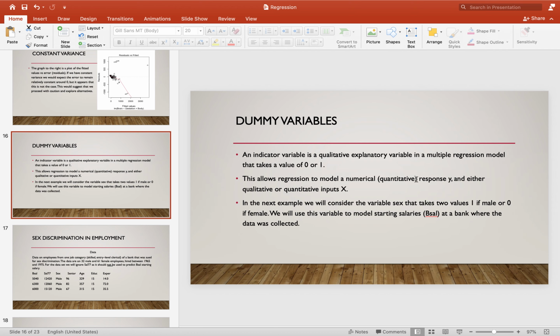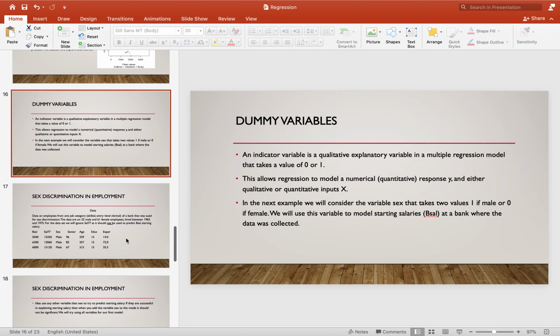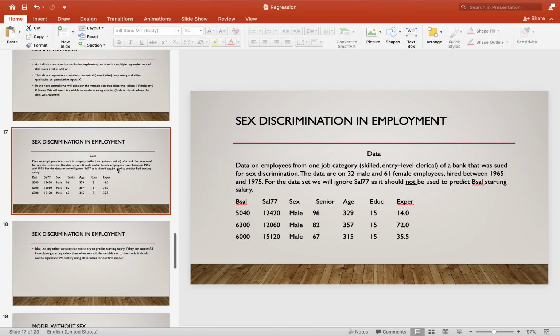And we can perform a regression now when we have a male or female input, and we're going to consider that example. Okay. In this example, the variable sex takes on a value 1 if male or 0 if female, and we're going to use this variable to model starting salaries, okay, at the time the data was collected. Okay.